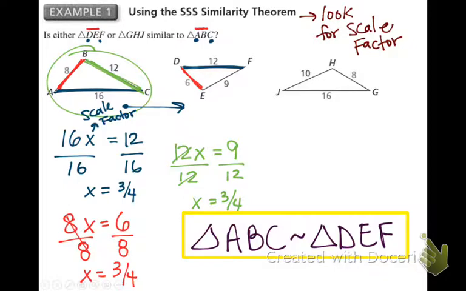Other thing to take into account, where did I get these first numbers from? Triangle ABC, the first triangle. So you have to make sure you're doing the same direction. Because if you end up flipping one of them, like if I said 9 times something gives me 12, you would find the wrong scale factor, like this flipped version.